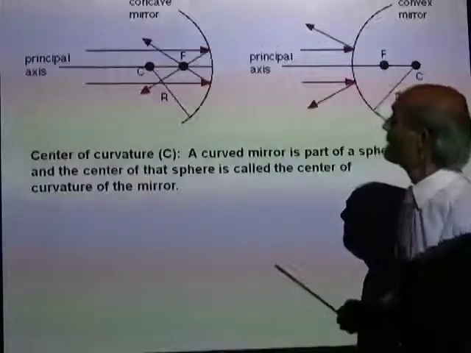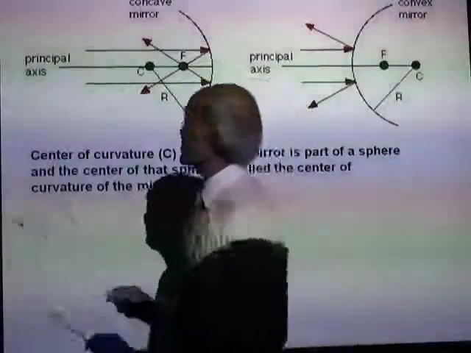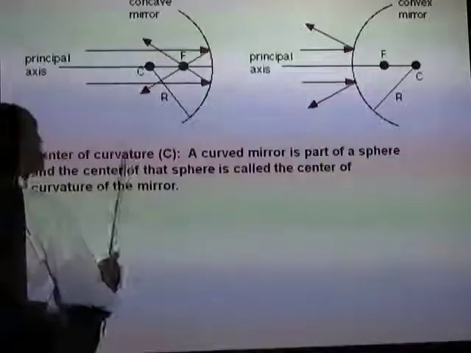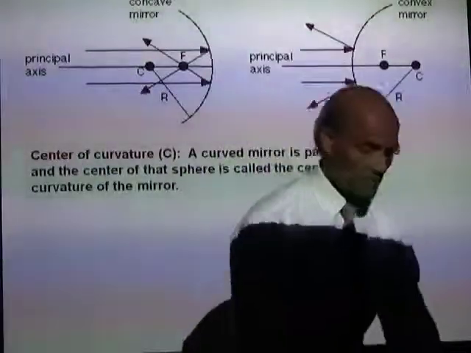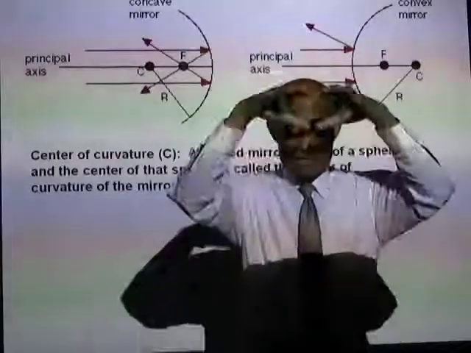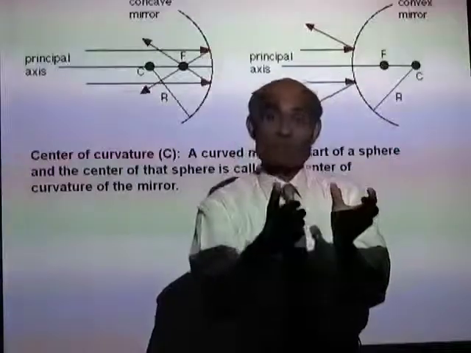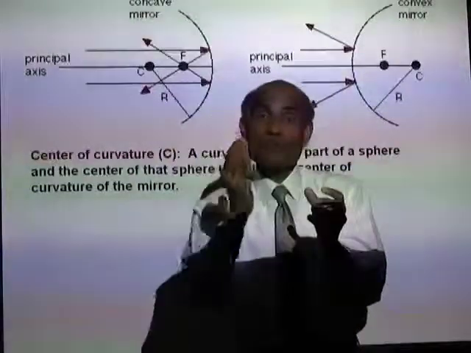Let's now talk about some of the important features of these curved mirrors. The center of curvature. If you take a basketball and cut one part of it, that will be a curved mirror.